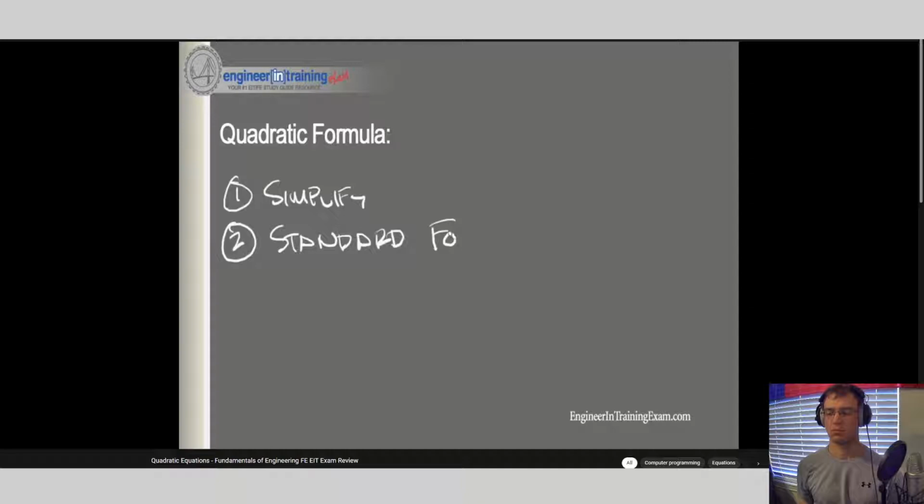So once it's in standard form of ax squared plus bx plus c is equal to 0, we can move on to step number 3, which is we need to identify what a is equal to, what b is equal to, and what c is equal to.